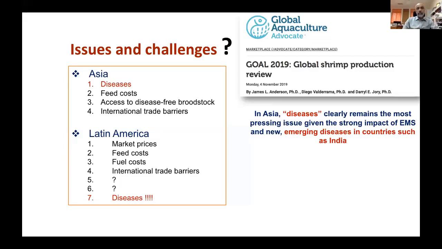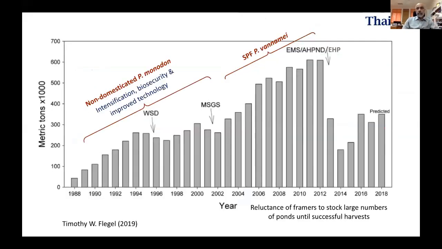But in Asia, it remains the single largest and most pressing issue. That is correctly reflected in the production loss over the period of several years. This is a picture of Thailand.